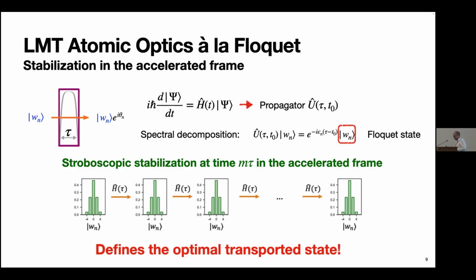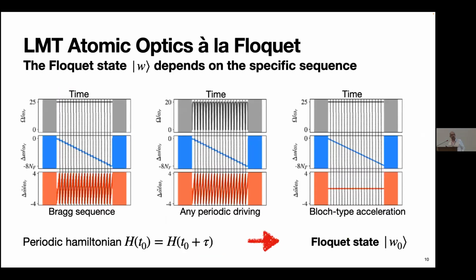Okay, so to be more clear on that, the fact that you have a Floquet state does not depend on the specific shape of the sequence. For any kind of periodic sequence, you have a Floquet state. So I've taken this Bragg sequence, but you could also imagine to have these square pulses, which are all put side by side.